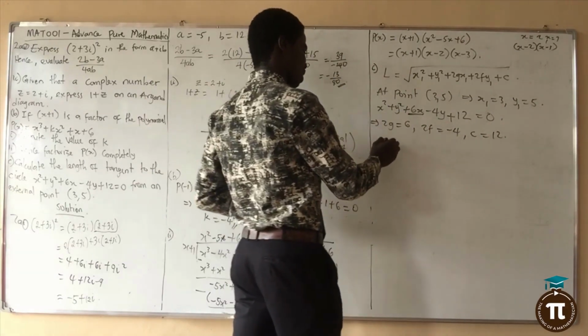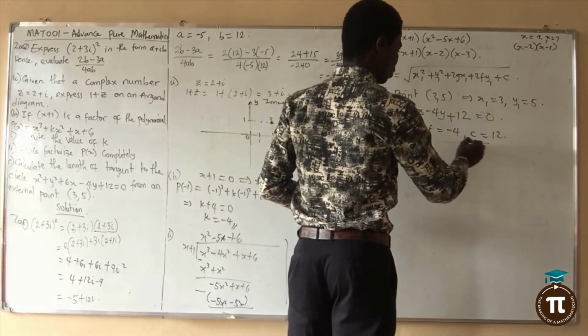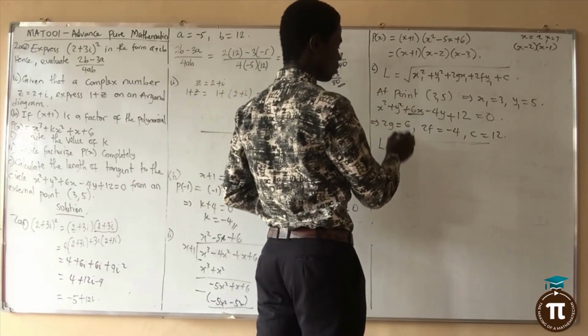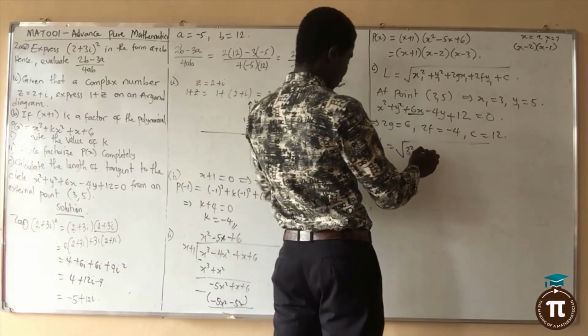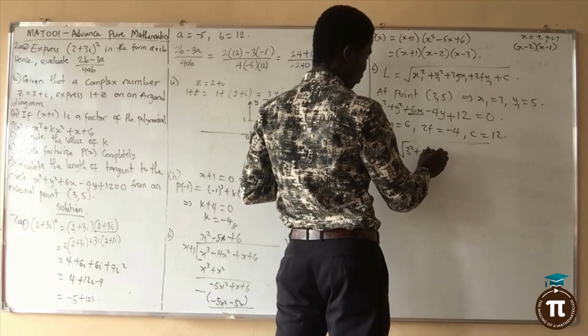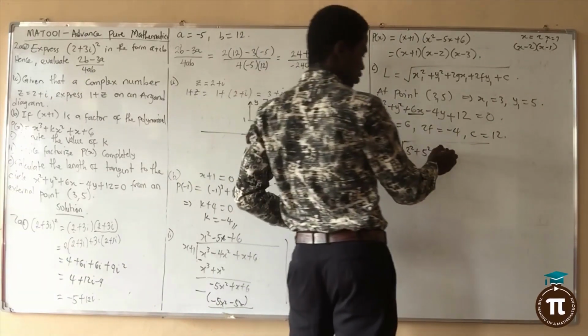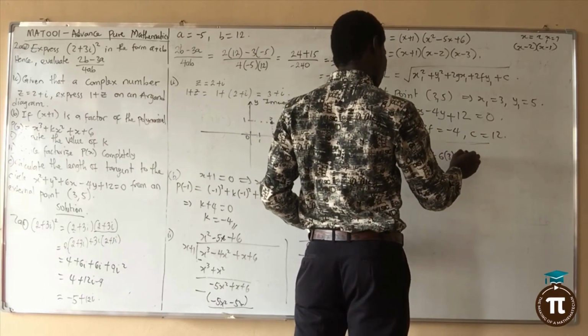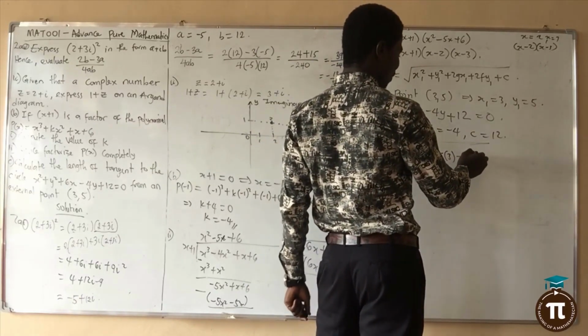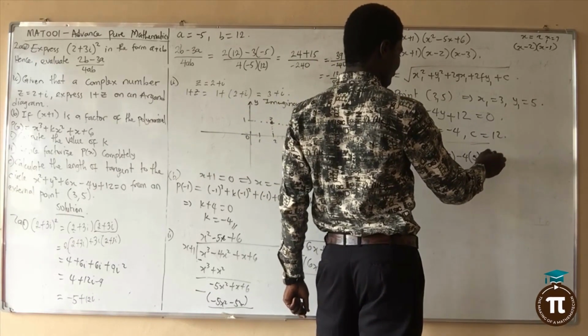So you like to find the length. So length will just be equal to square root of 3 squared plus 5 squared plus 2g is 6, I have already shown you, multiply by 3, 2f is minus 4, multiply by 5, plus c, that's plus 12.